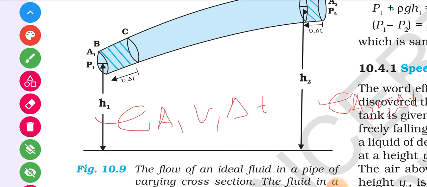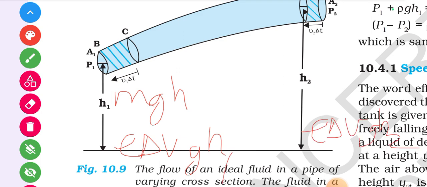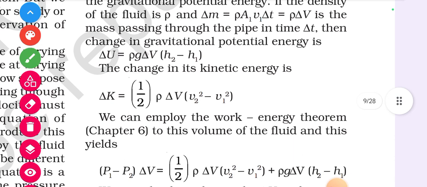Now this was the mass, and what is the formula of potential energy? mgh. So mass we have written as rho delta v, so rho delta v g h1 here, and rho delta v g h2 here. This height is more, so the potential will be more here, and we can find the difference. So that's what we have done, we have just taken the difference here.